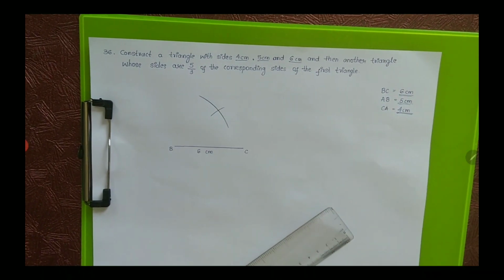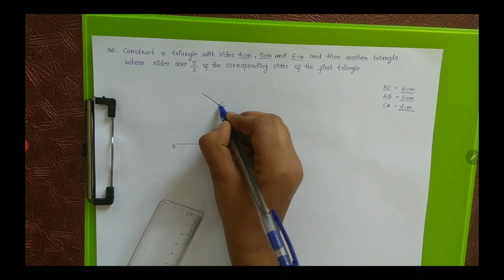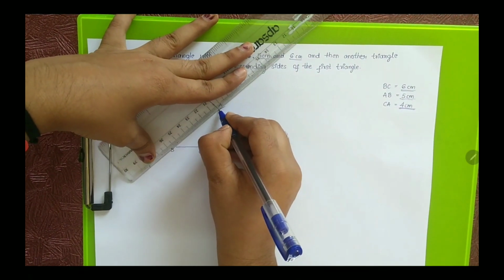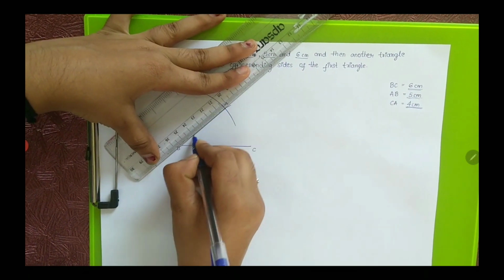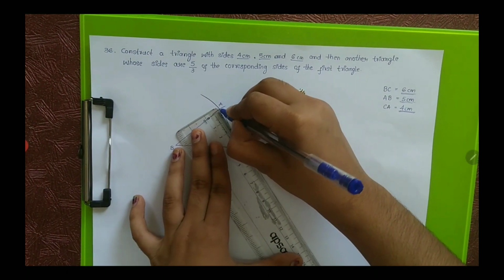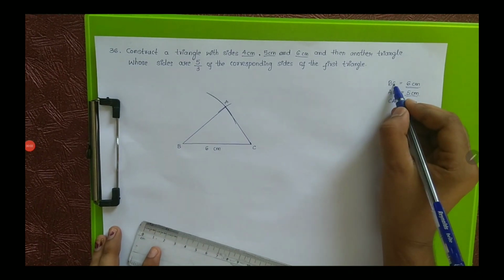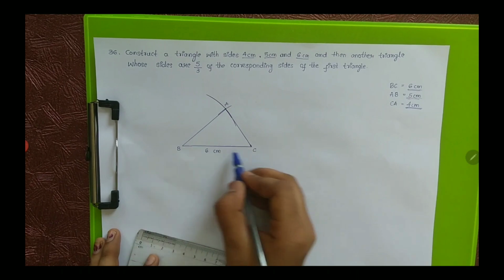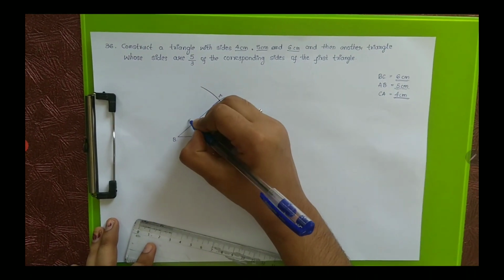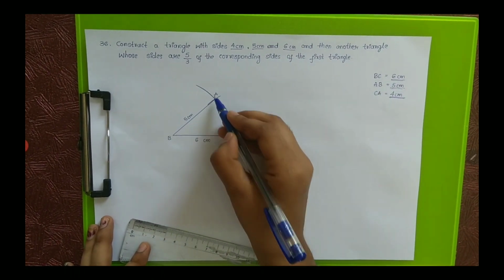Now you got a point A. The point at which both the arcs intersect is the vertex A, and join that vertex A to B. So you will get a side AB and join that vertex to C, you will get a side AC. Now you got a triangle ABC with BC 6 cm and AB 5 cm and AC 4 cm.